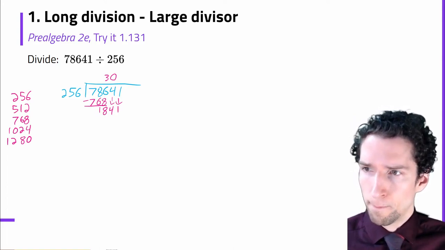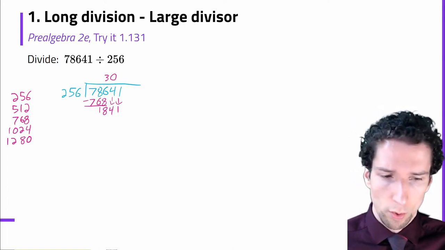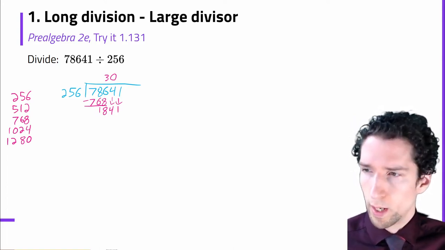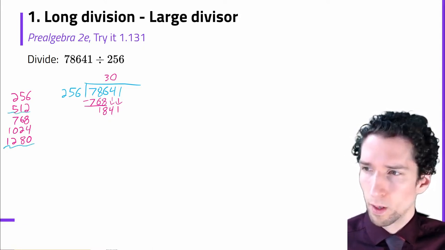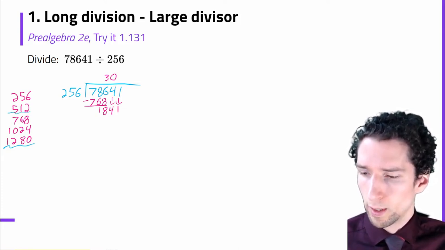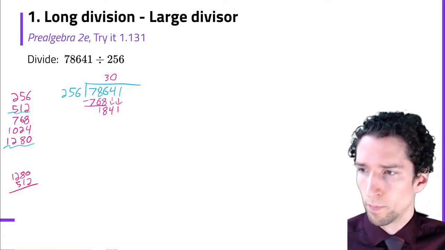All right. So let's say this is 256 times 5, so at least that much will go. Maybe 7 times? So this was 256 times 2, so let's try adding these together. 1280 plus 512.